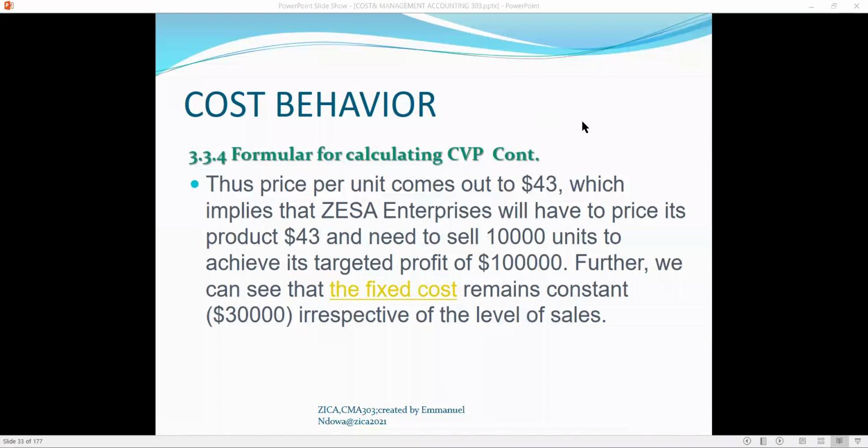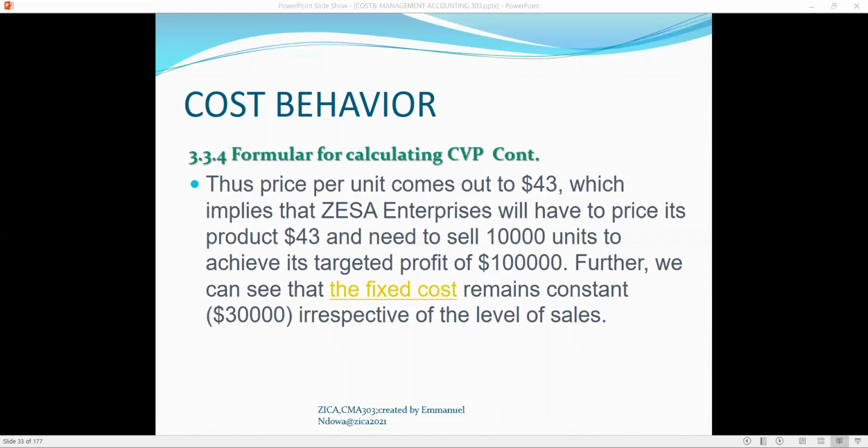Thank you. So basically what I've been saying, despite the fact that you have changed the level of production, you still have to pay the same fixed costs. But when you have different levels of production, your variable cost changes in line with the level of production. When you produce less, you incur less variable cost, but when you produce more, you have more variable cost.